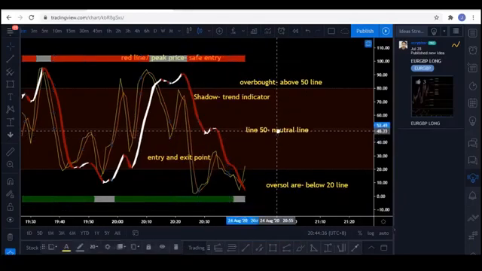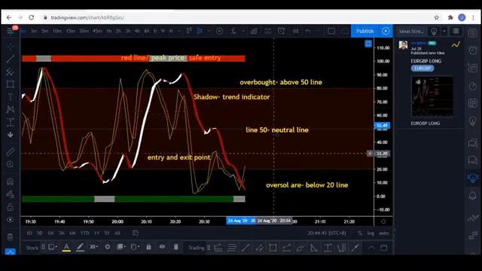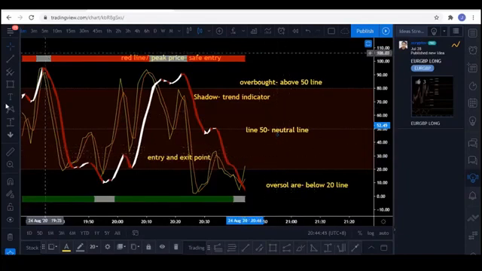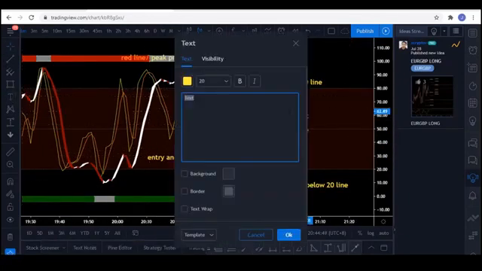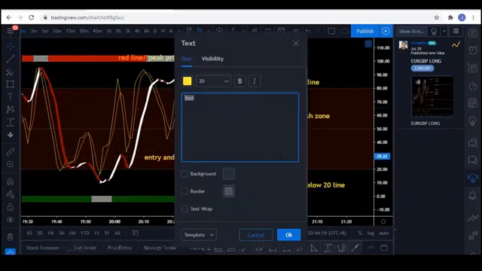Above 50 means this is a bullish market, and below 50 line, this is our bearish market. Here, this is the bullish zone, and below 50 is our bearish zone.